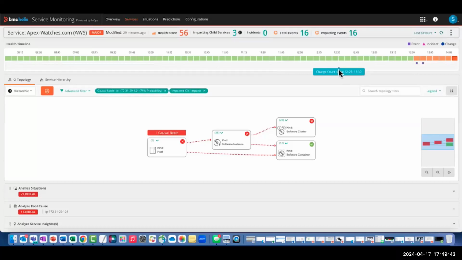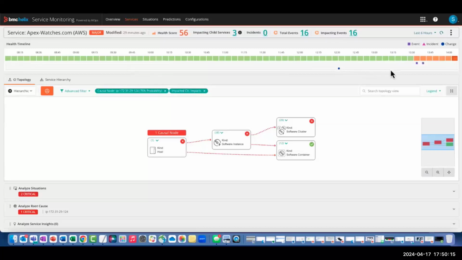So between 12:25 and 12:30, a change was made to an infrastructure component that could affect the health of this service. What I'm also seeing is that exactly 1 hour later, events started to come in. So here I had 15 different events that came in, and here I had another 3 events, and from there on you see that the health of my service is deteriorating.